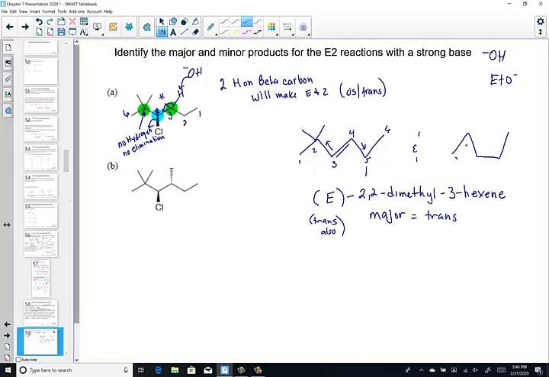So between carbon 1, 2, and then 3 to 4 is a straight line. Then we go up to 5, 6. This represents the cis conformation.